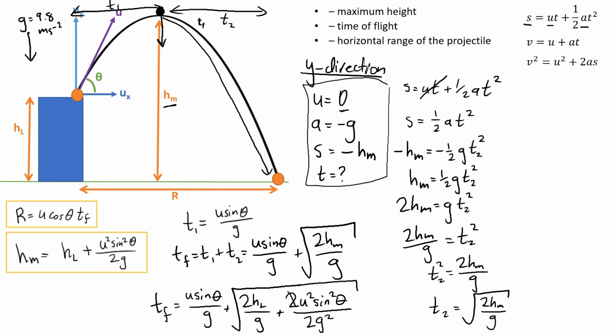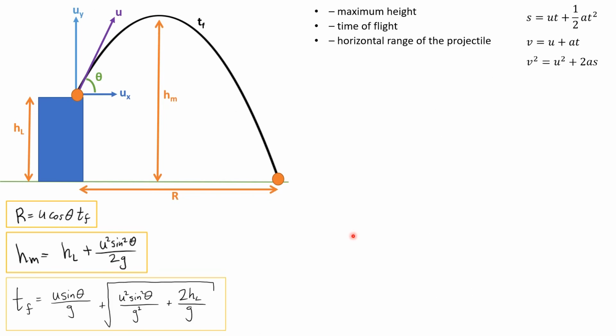Those 2's will cancel, and that's what we'd be left with there. Now that's a bit more cumbersome, but effectively that's the equation that we're dealing with. What you can also see is that if hl is equal to 0, this term disappears, and you can easily take the square root of all these squares, and tf actually just becomes 2u sine theta on g.